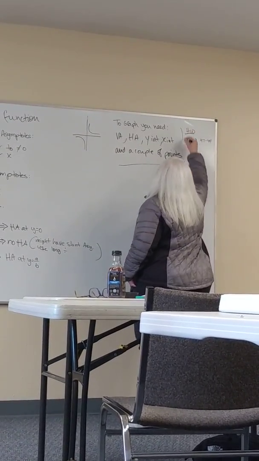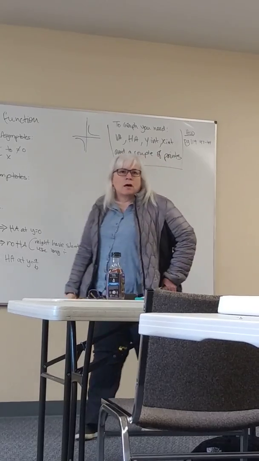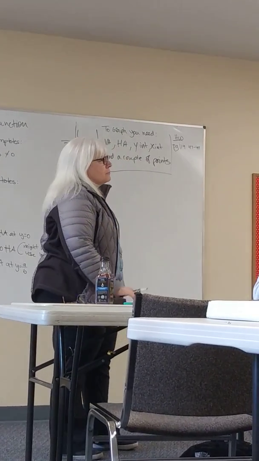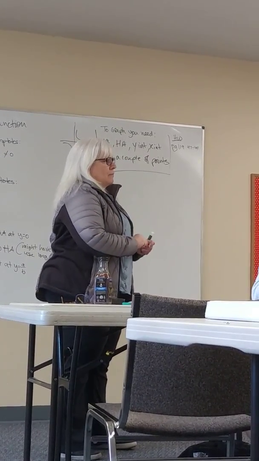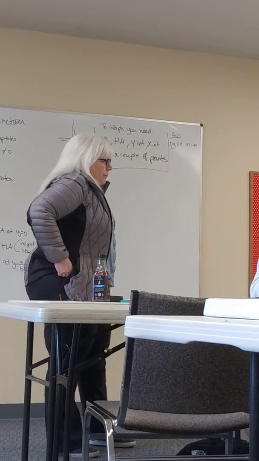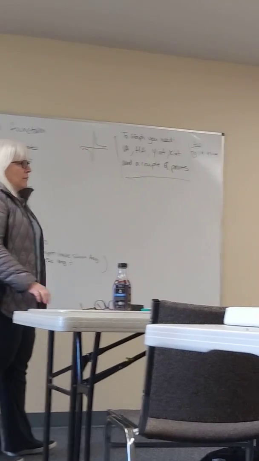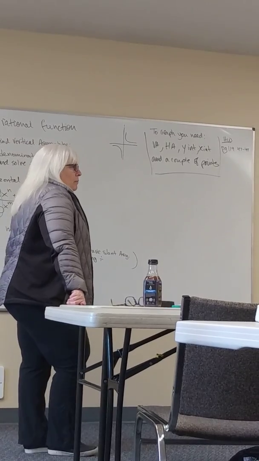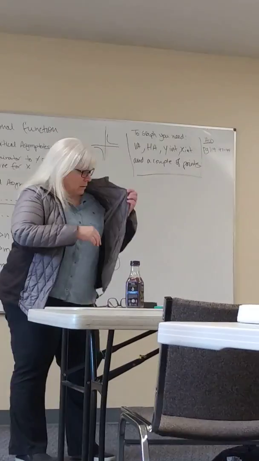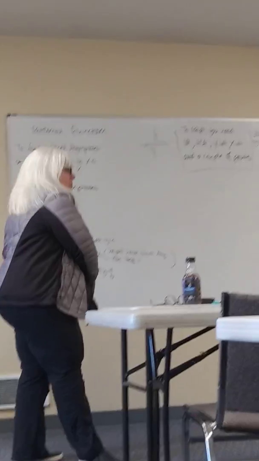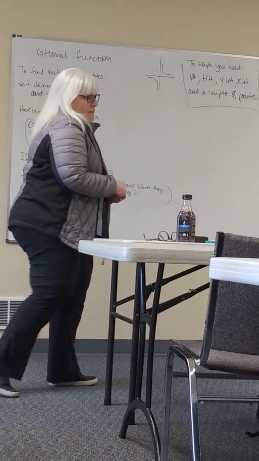That's what you need to graph, okay? So you must always know these things. It could be in multiple ways, this is how you find it, okay? So let's start.